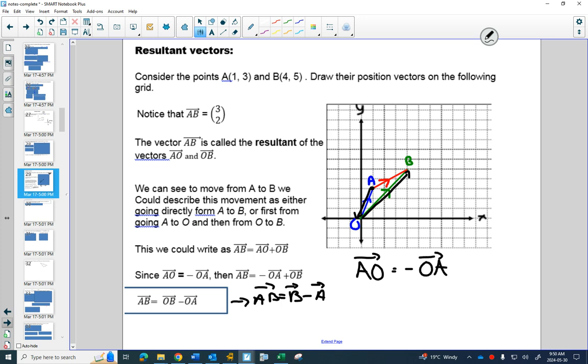Because the same vector in the opposite direction is just the negative of that vector. So on the graph, AB is 3, 2. But I could also say that AB would be the same as starting at A and going to the origin, and then going from the origin to B.